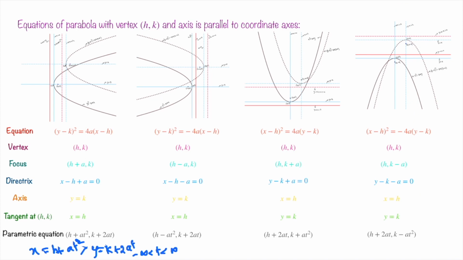The tangent at (h, k) is the horizontal line y equal to k, and the parametric equation of this dotted parabola is x equal to h plus 2at, y equal to k minus a t square. Okay, so these are the equations of a parabola with vertex (h, k) and axes parallel to the coordinate axes. There are four types.